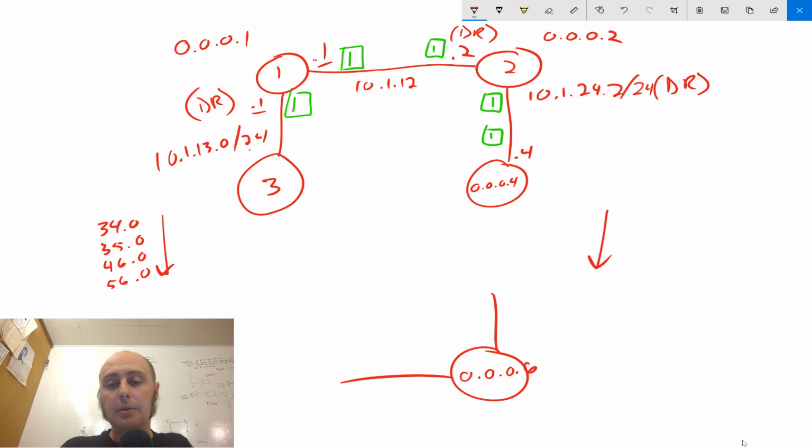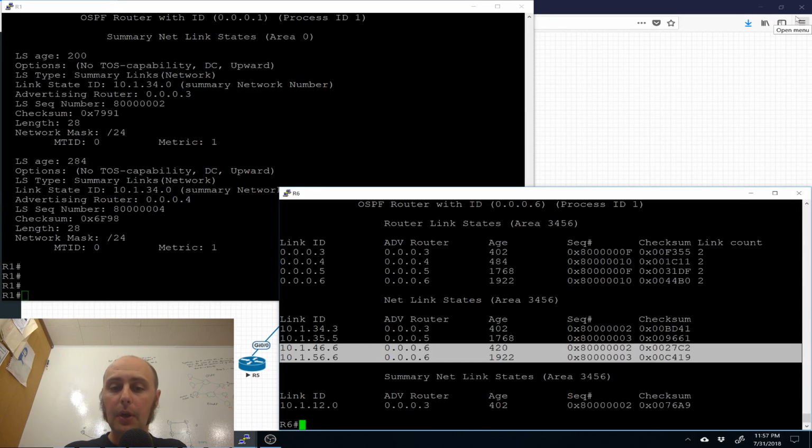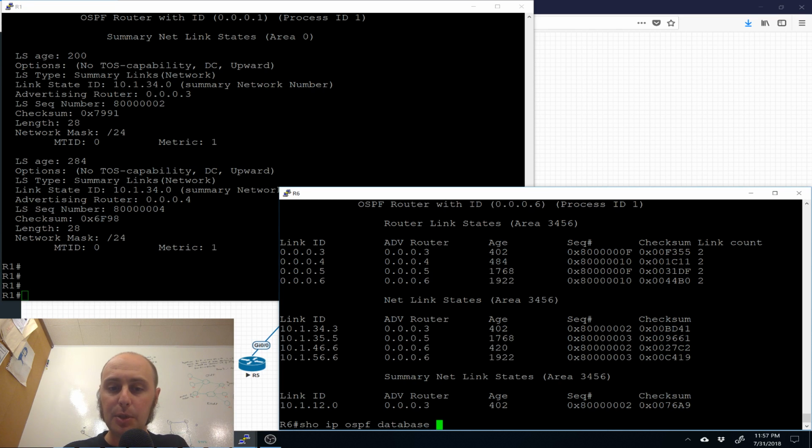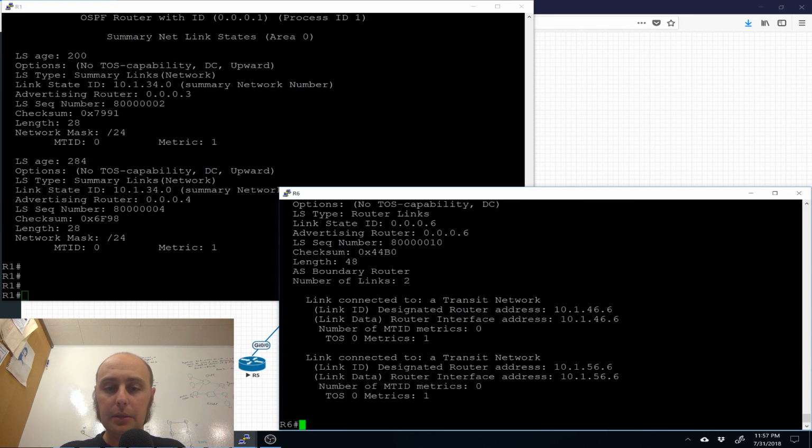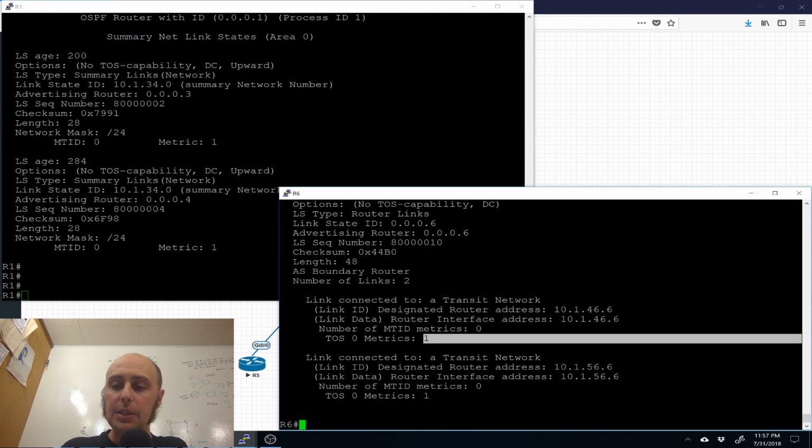We don't know what's on the other end, but we know that we are 10.1.46.6 here and .6 here, and this is 10.1.56, and we're the .6. Okay. We should also be able to derive the cost from router 6's perspective for each link. And the cost is the metric value, which is 1 on each side.